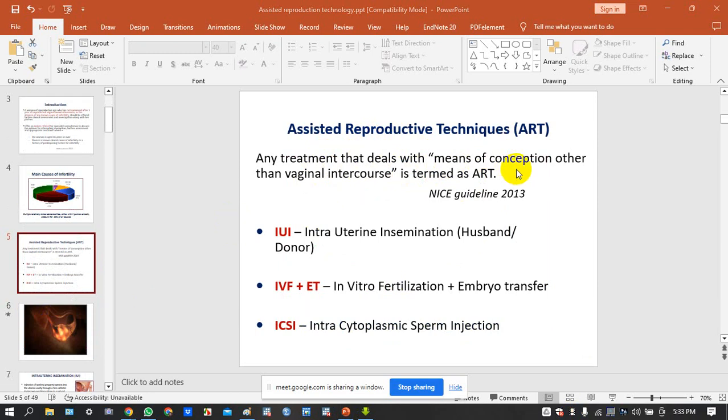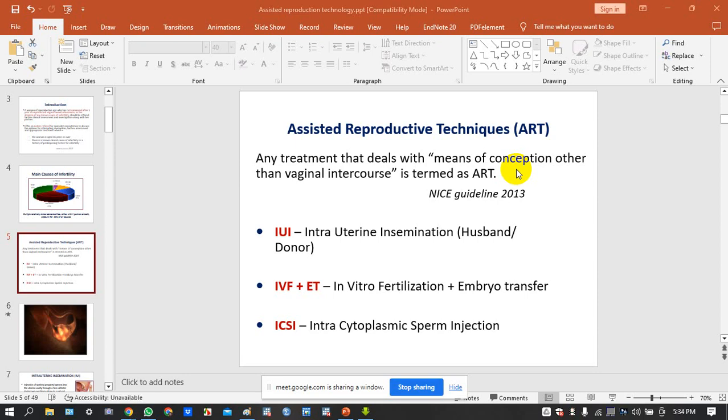So some of the time, it's not possible to give birth through the natural way, that is, the penis penetrating the vagina to make the woman pregnant. Or maybe the woman has a whole lot of problems, hormonal imbalances, tubal factors, and other things.